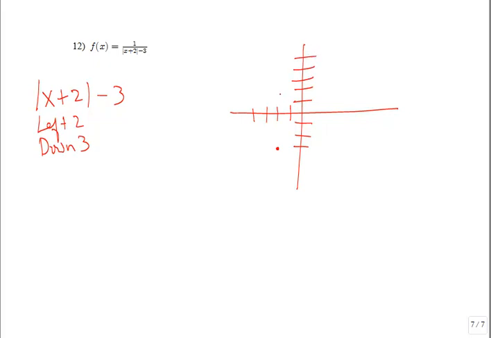There's no vertical stretch or compression or anything like that, so we can just go over 1, up 1, over 1, up 1, over 1, up 1, and so on to get several dots here. I'm going to keep doing my dots until I get to my zeros, because zeros are important when we're doing reciprocals.